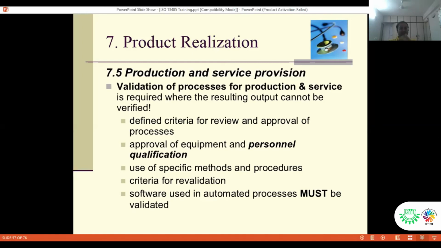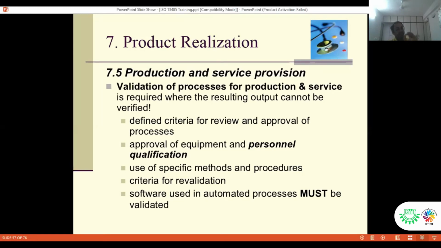So there are different key processes which a company should validate, and they have to qualify all the equipment and the personnel responsible for doing that process. You cannot change the person in one day. Suppose Mr. Ramesh is doing the packaging process, and the next day Mr. Pawan is doing the packaging process.